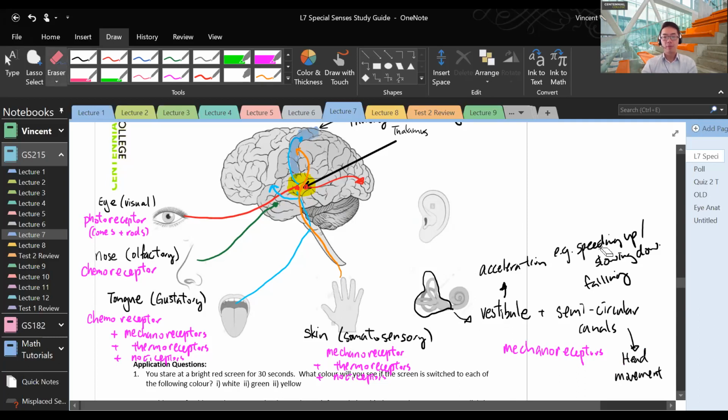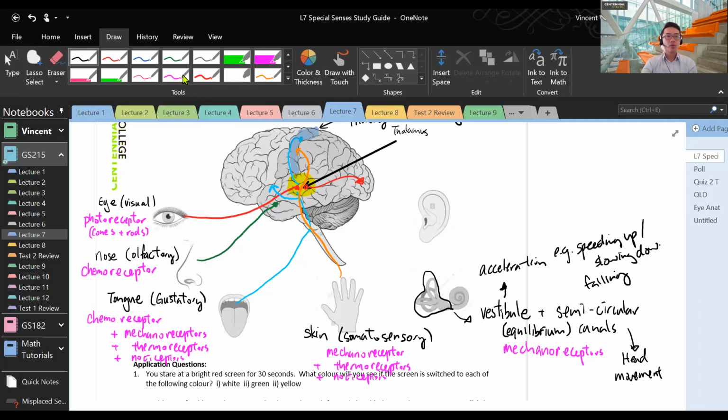And so all this information is related to, if I have to put it into a sense, equilibrium. So where does that go? Anybody remember?